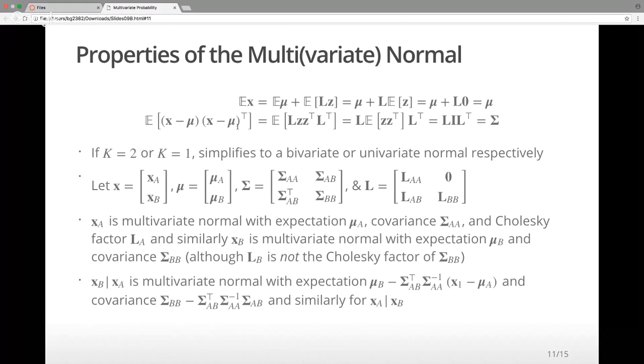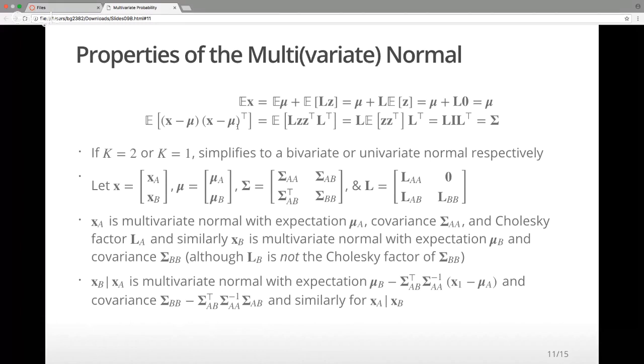So the multivariate normal, like I said, is very important, and it has the important properties that if you have something that's joint multivariate normal, any subvector of that is going to be marginally multivariate normal. So if you take a subvector of size 2, that's going to be bivariate normal. If you take a subvector of size 1, that's univariate normal.